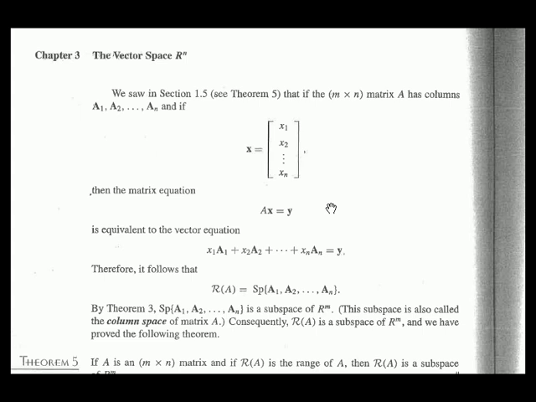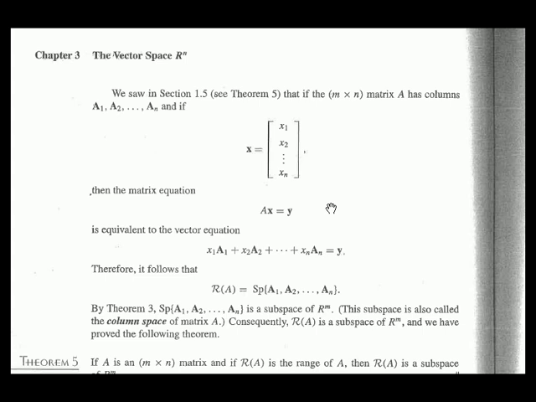If A is not square, let's say A is m by n, then the columns are all vectors in Rm, and the rows are all vectors in Rn, and so they're not even subspaces of the same big space.